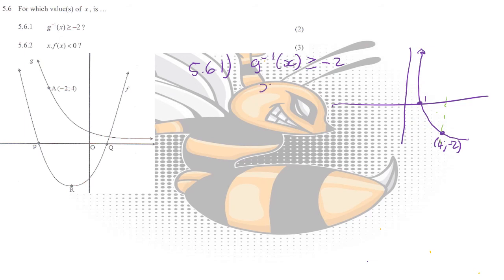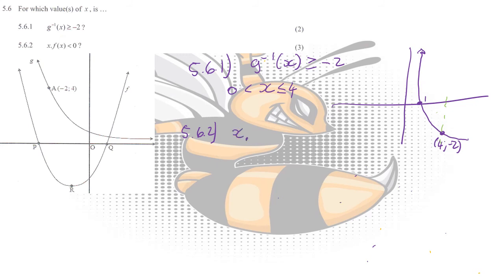Therefore, we can say x must be smaller or equal to 4, but it will never be able to become 0 because of the way the logarithmic function is set up. So x will be between 0 and 4.